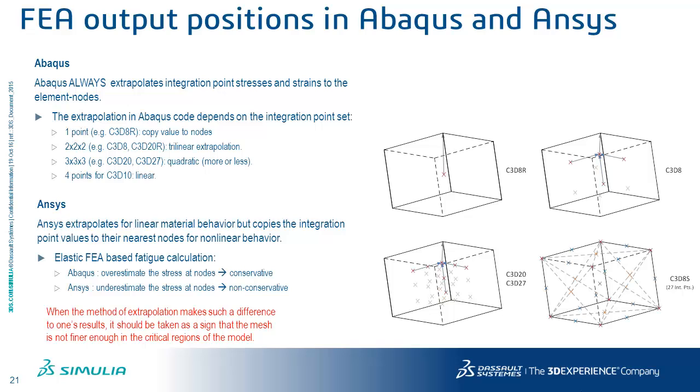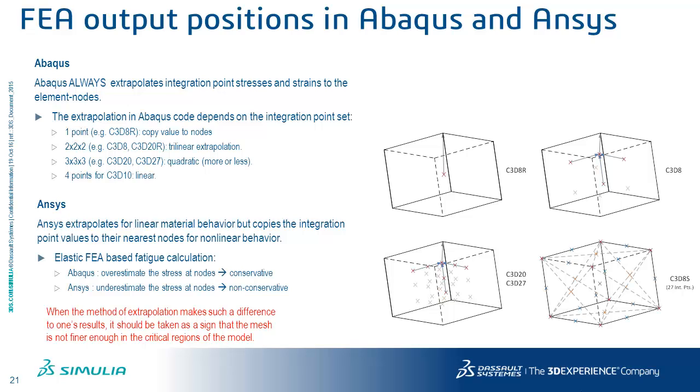So in that case, you don't have to extrapolate the integration point values to the nodes, because that element itself has integration points on the nodes. In case we are using C3D8S, you have altogether 27 integration points.